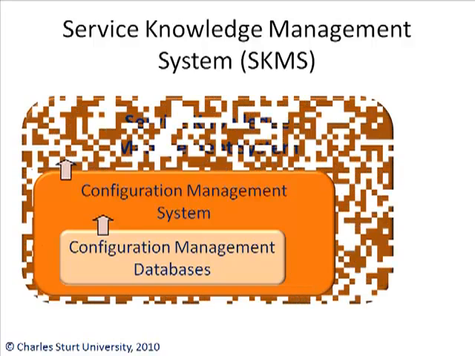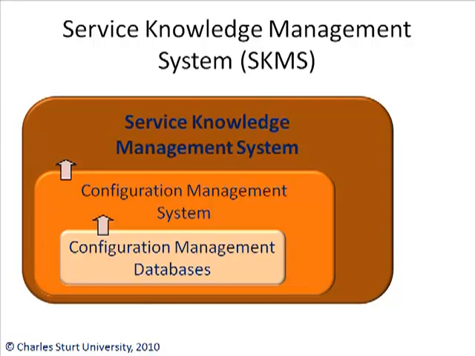On the next level, we talk about the service knowledge management system. That's where you bring the whole thing together. You may even add knowledge and information that's coming, for example, from the business. How many business units do we have? How many people are working in all those business units? How are they performing? How are the various systems performing? You're storing your reports in there, you name it. So this service knowledge management system is almost like the nirvana. It's where everything comes together.